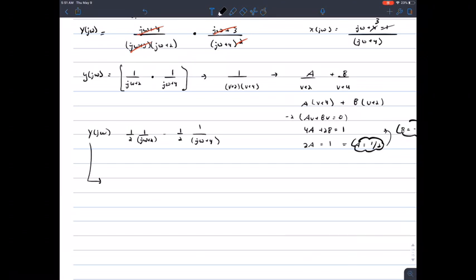So now we have to do the inverse Fourier transform, which you can get from your sheet. You should have memorized by now on this. e to the negative 2t u(t), minus 1/2 e to the negative 4t u(t). Alright, and that is going to be your y(t), which is the output of the system.